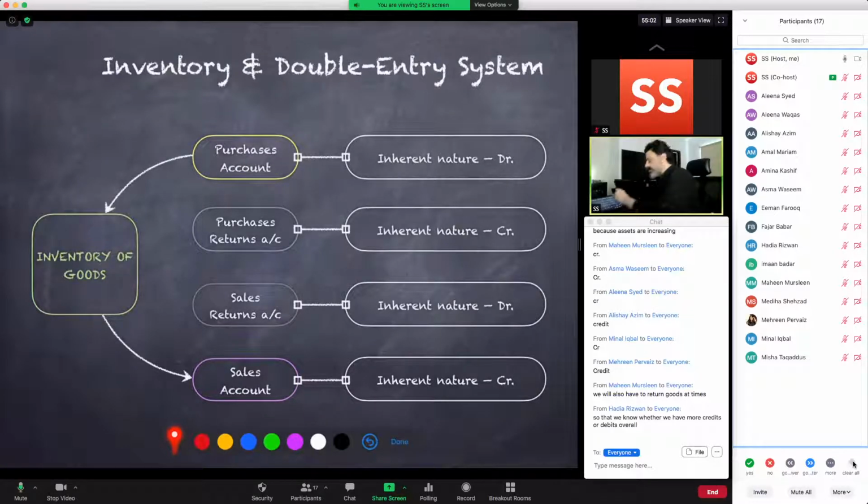what do we conclude from this slide here? That inventory is one asset, but this asset will have four different accounts. You'll have one, two, three, and four different accounts. So one accounting item represented in your ledger in four different T accounts.